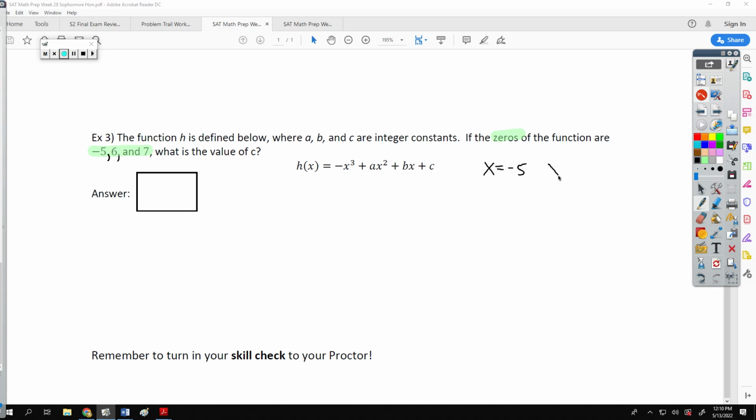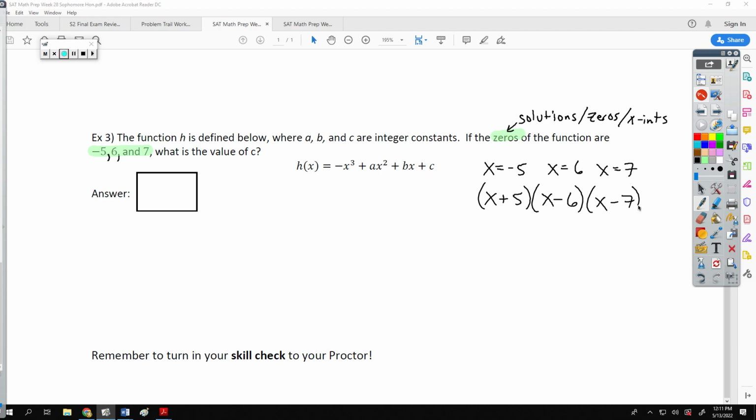If x equals -5, x equals 6, and x equals 7 are the roots, solutions, zeros, x-intercepts, that means that the factors are x plus 5, x minus 6, and x minus 7.